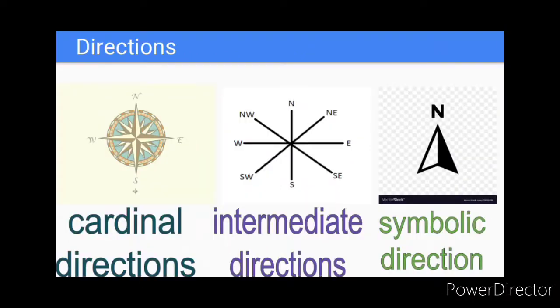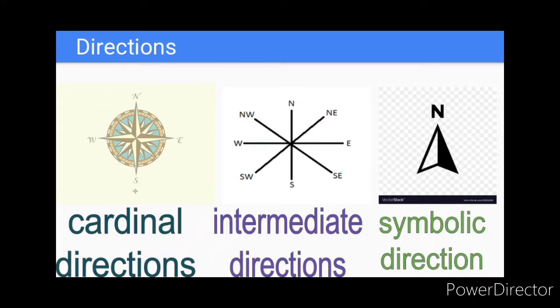Then we move on. Now we have finished the topic of maps. Now we move on to directions. How do we find directions using a map, or how are directions mentioned in maps? Over here we have three ways. First one is cardinal directions. Cardinal directions are the four major directions, that is north, east, west, and south.